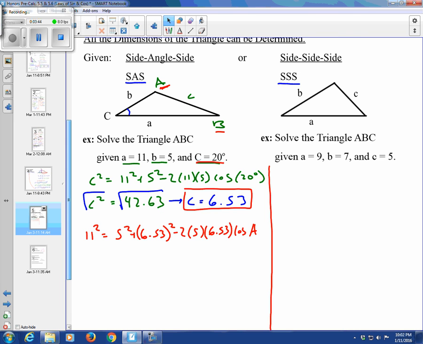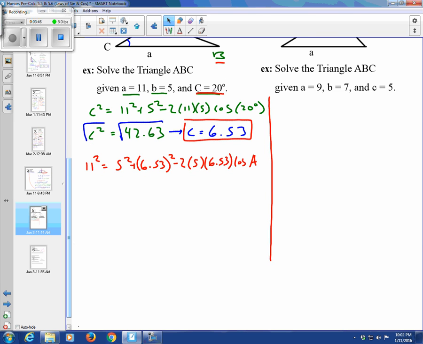So we're going to get an equation where we can solve for cosine of A and then use inverse cosine to solve for angle A.